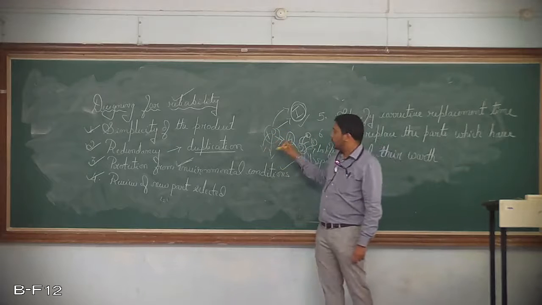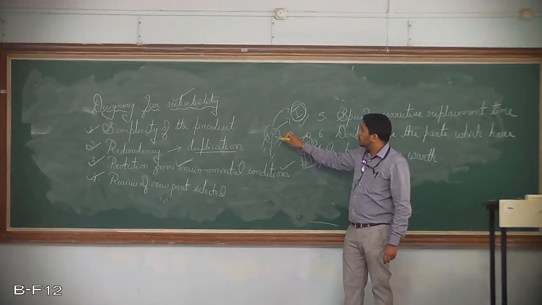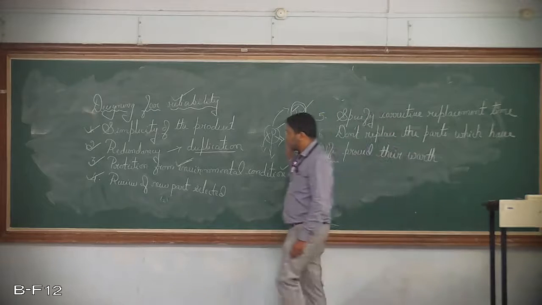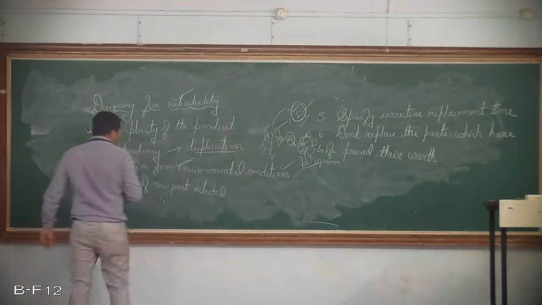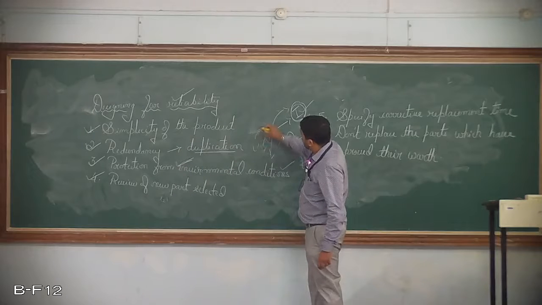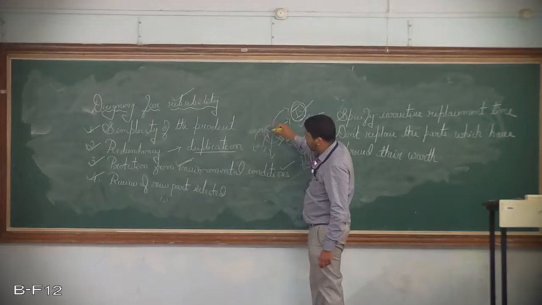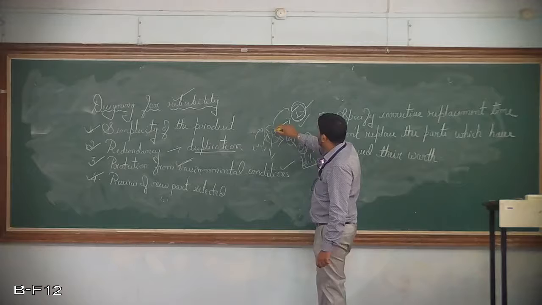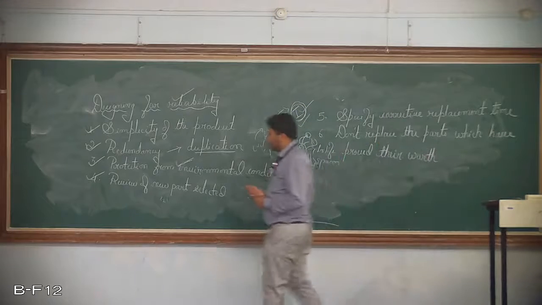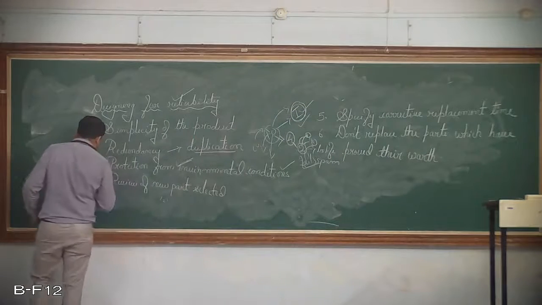But we want that part to get assembled in this product to perform its function. So in that case, we'll acquire a new supplier or a new salesperson to supply that part which will be fitted in this assembly to form the product.